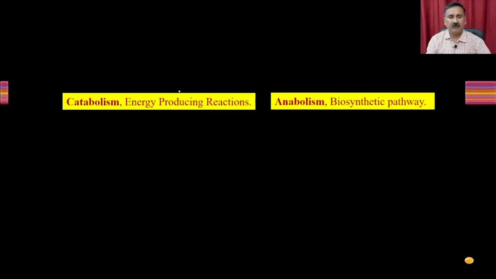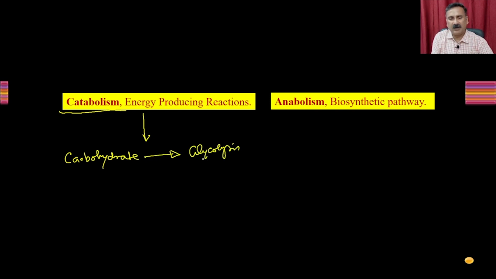All the reactions which produce energy come under the broad category of catabolism. Catabolism is mainly done for two biomolecules. One is carbohydrate, within which we discussed glycolysis and the Krebs cycle.